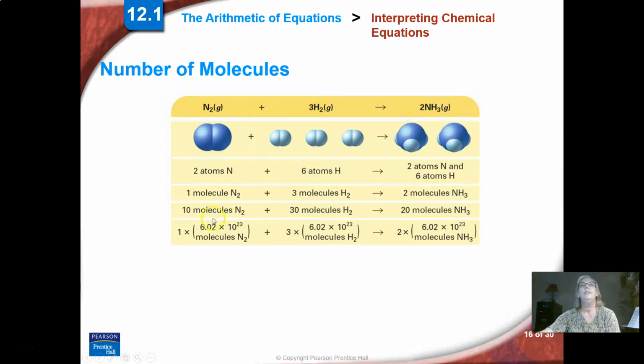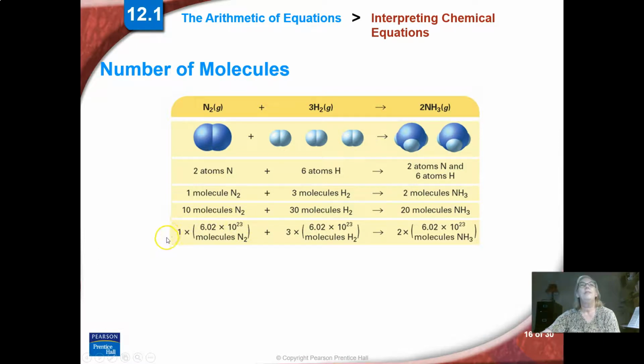Okay, I can scale it up. Say I want to make a lot. I can take 10 and 30 and make 20. I can also talk about it in terms of moles. If I have a 1 in here, that also means 1 mole, which is this number. Remember Avogadro's number.